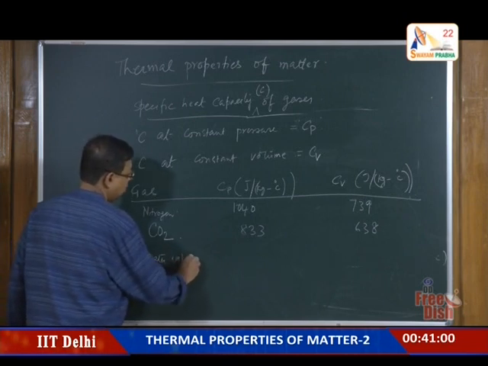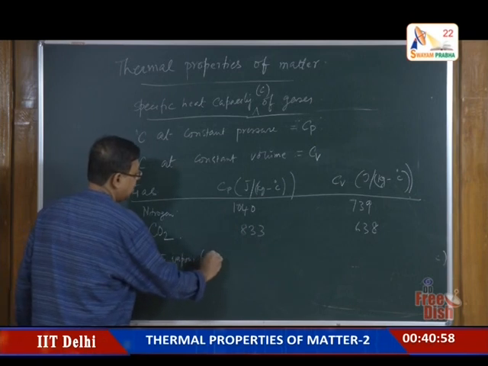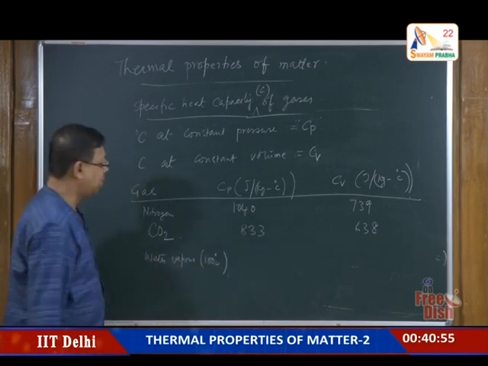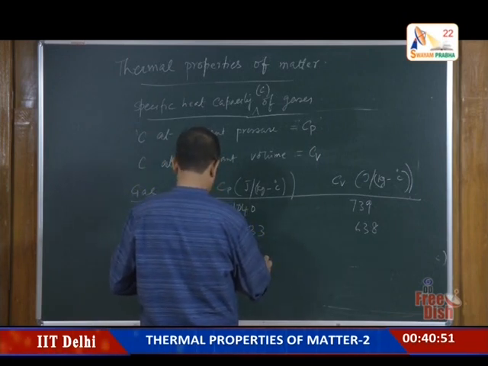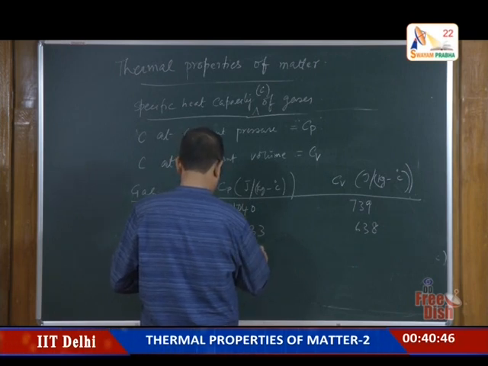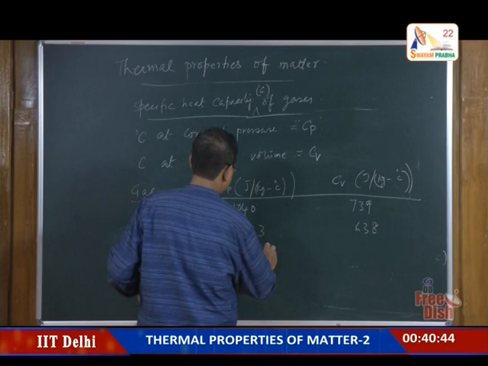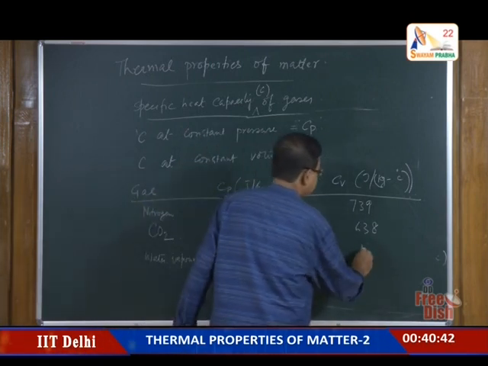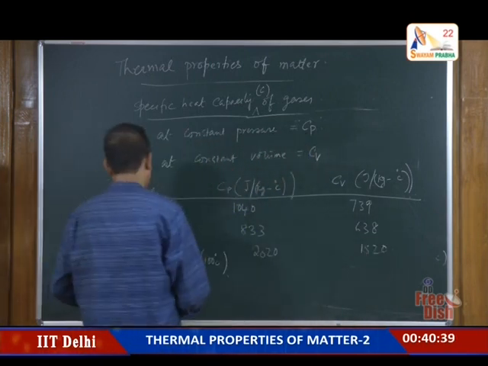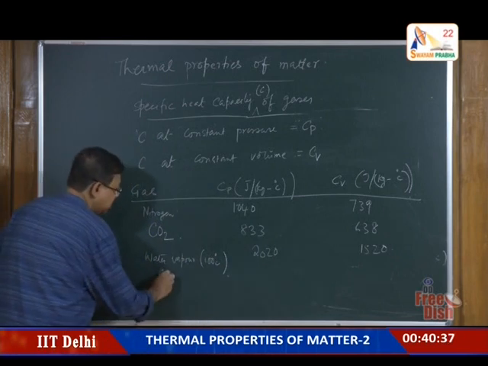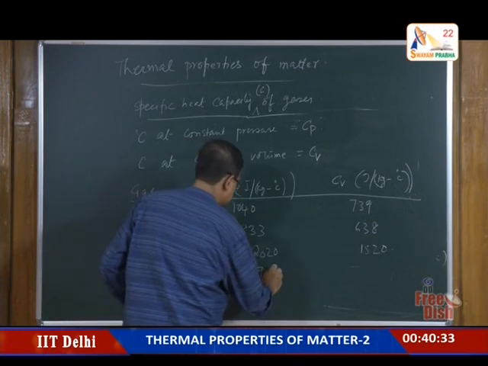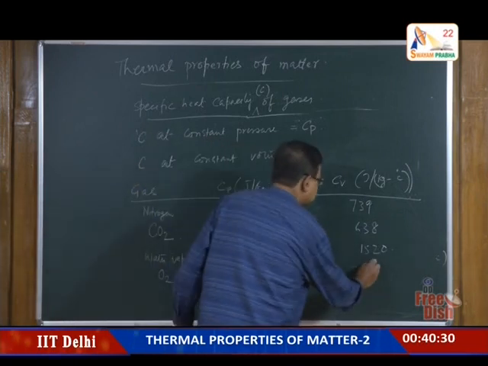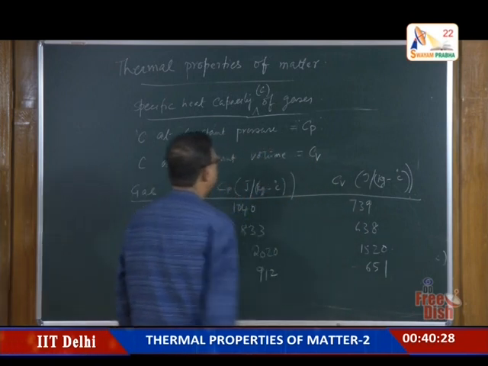So we're not talking about water, but we are talking about water vapor at the steam point, which is equal to 2020 and 1520, and oxygen, let's write it with O2, it's equal to 912 and 651.